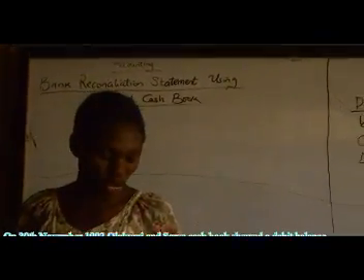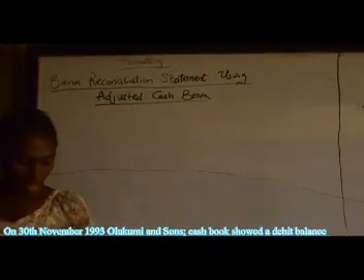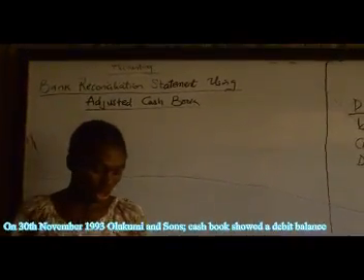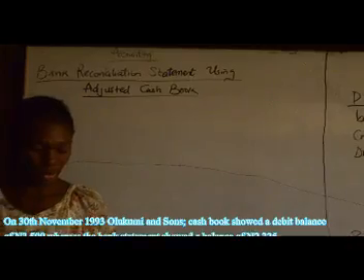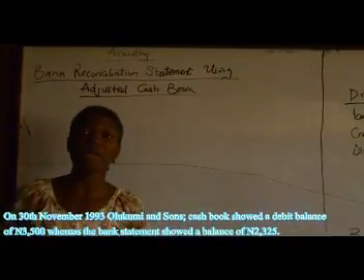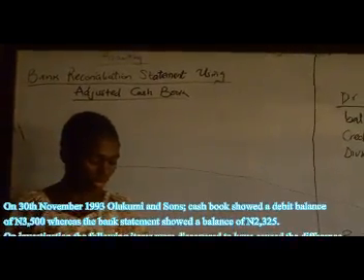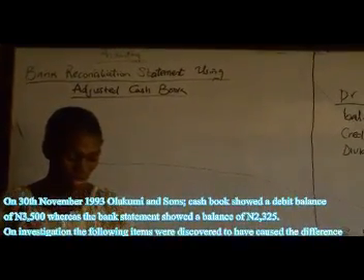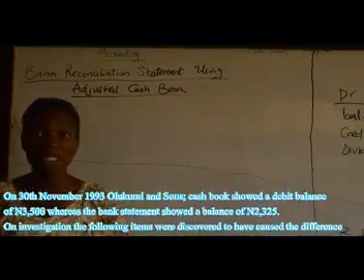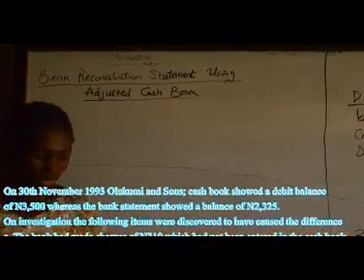Okay, so we have an illustration here. On 30th of November 1993, Olukumi and Sons cash book showed a debit balance of 3,500. Now remember, a debit balance of 3,500, whereas the bank statement showed a balance of 2,325 naira.